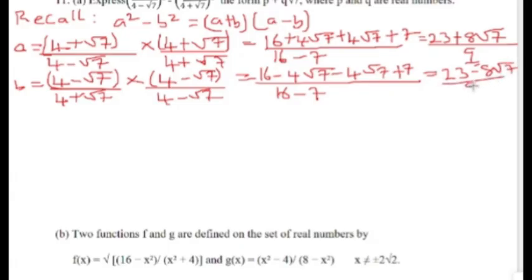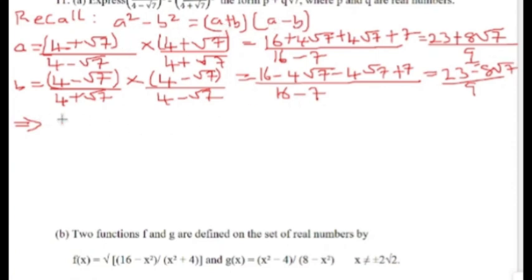Everything divided by 9. So we go back to our original result, which is a square minus b square. This implies that a square minus b square is a plus b, a minus b.